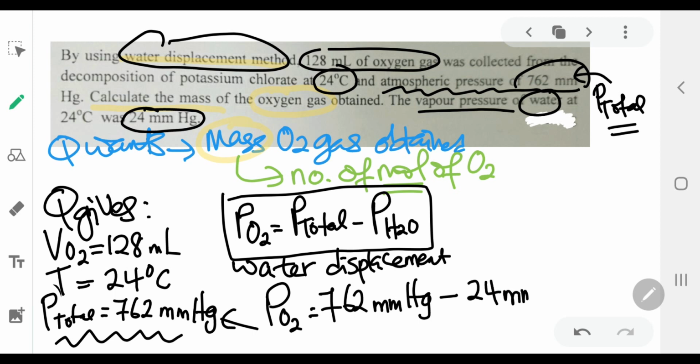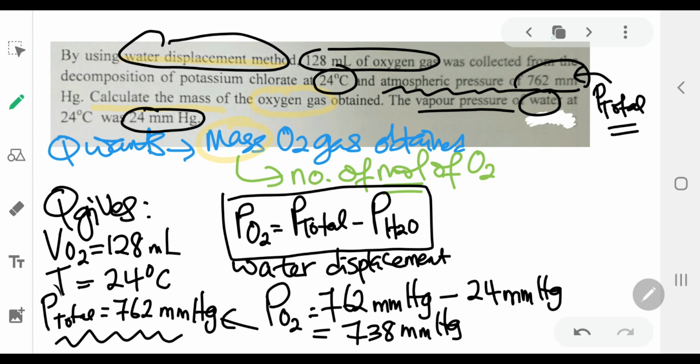So you minus with that one, and you get 738 millimeter mercury. Okay, so now we have all the information needed.